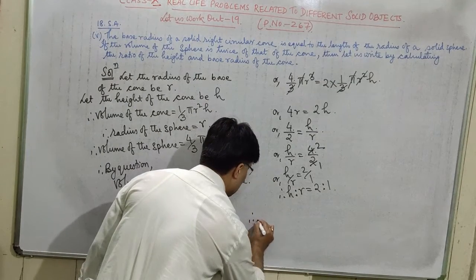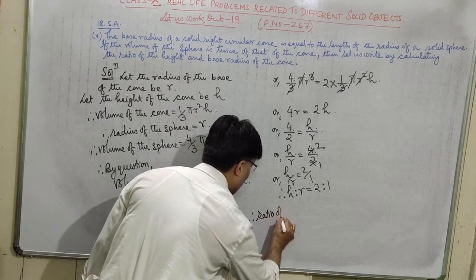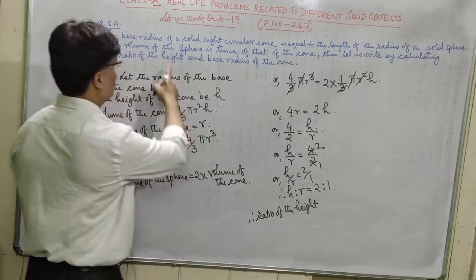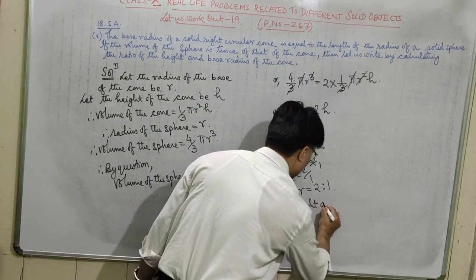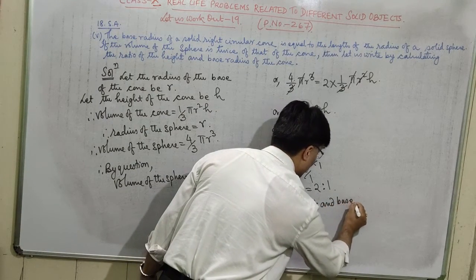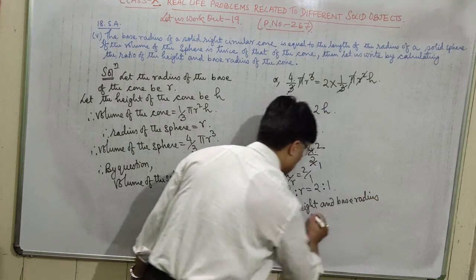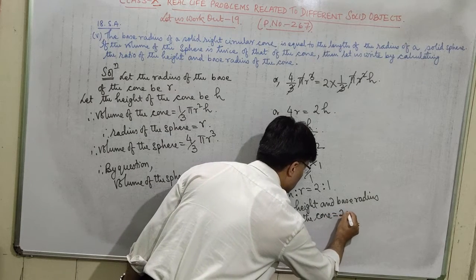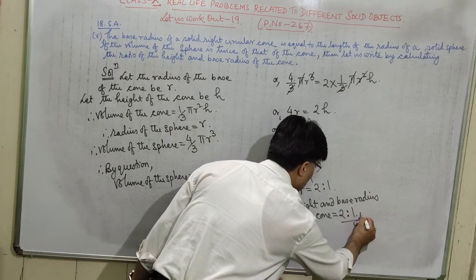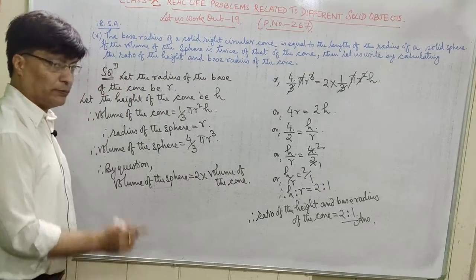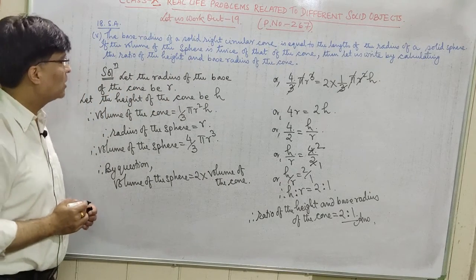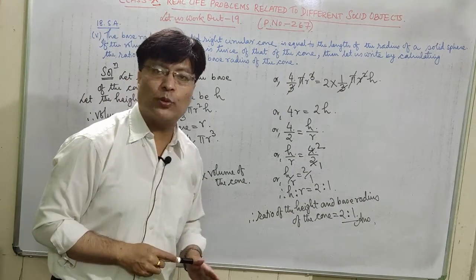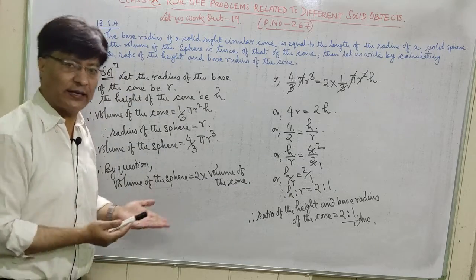So let us write here, the ratio of the height and base radius of the cone is equal to 2 is to 1. This is the final answer.